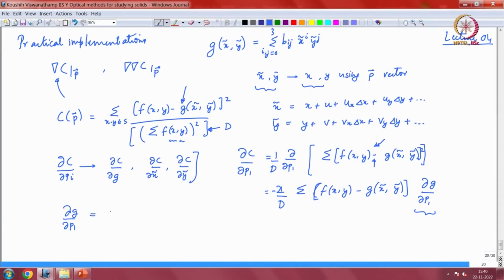So, if you want to evaluate dou g by dou P1, this will be dou g by dou x tilde by the chain rule times dou x tilde by dou P1 plus dou g by dou y tilde times dou y tilde by dou P1, okay, and dou g by dou x tilde again comes from here. Dou g by dou x tilde will be sigma b_ij i x tilde to the power of i minus 1 y tilde to the power j, okay, just the usual way in which you will derive it.